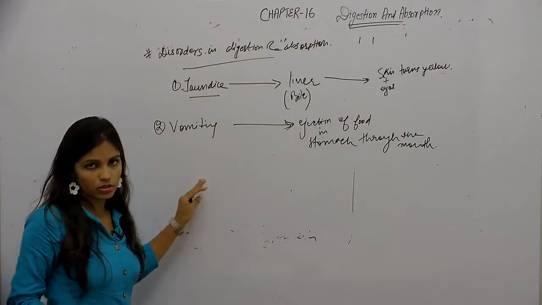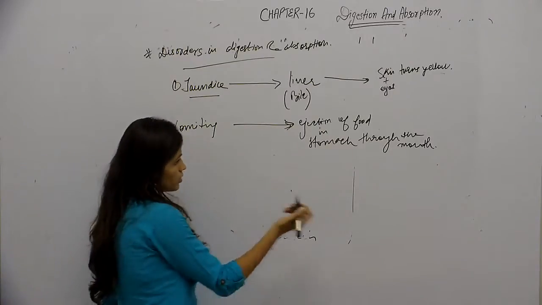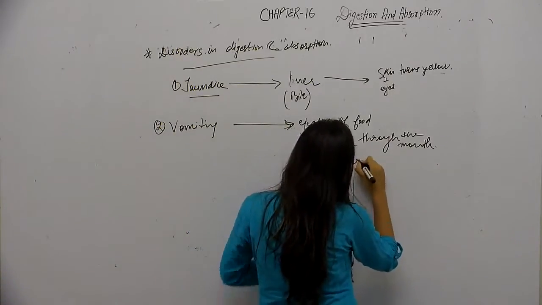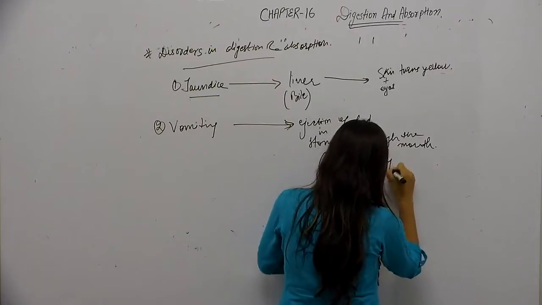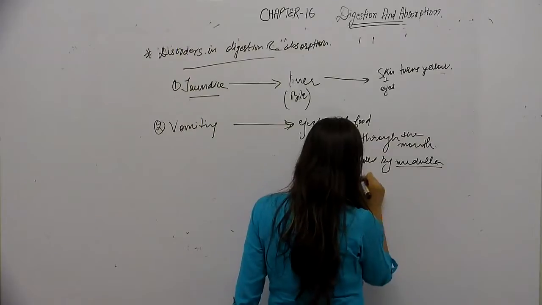Now vomiting is controlled by the medulla center, which is present in the brain. It is controlled by the medulla present in the brain.